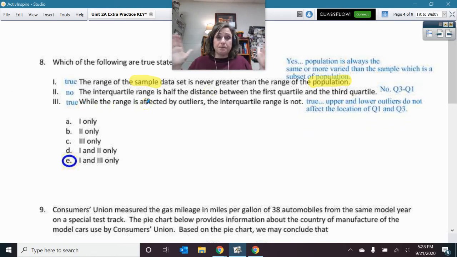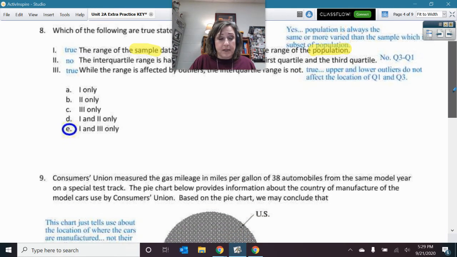The range, those outer edges, are affected by outliers when you have those numbers way out here. But the IQR is not, because when you get the IQR, you're knocking off those outside edges to get to that middle 50%. So the Q1 and Q3 are protected. They are not affected by anything crazy going out here on the outside edges. So 1 and 3 are true statements.